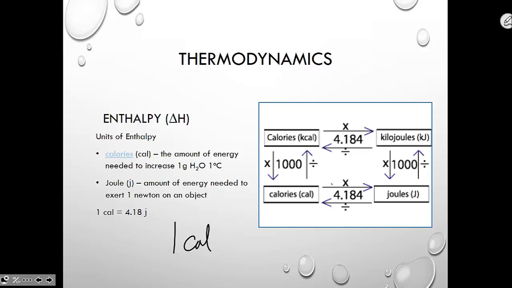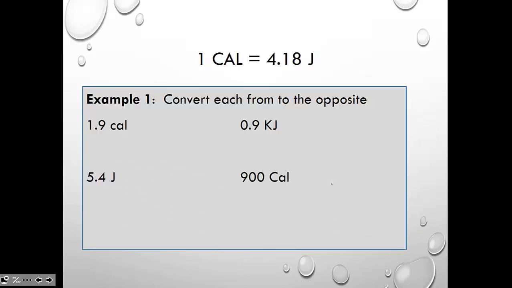A calorie and a joule are related to one another by the specific heat of water, which we'll talk about in a later unit. But for right now, the conversion between calories and joules is that 1 calorie is 4.18 joules. So if I have one and need to convert to the other, I can use this conversion factor.